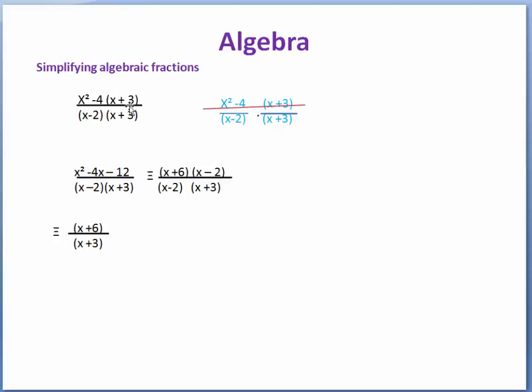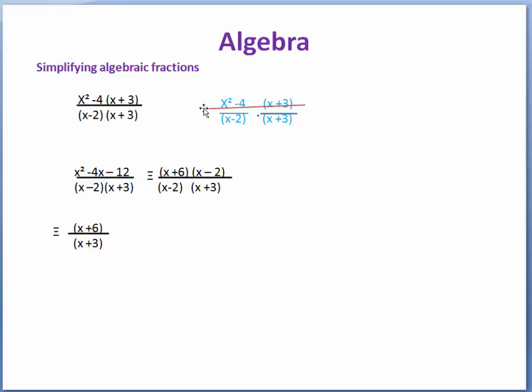Here we've got (x² - 4) over (x - 2)(x + 3) with (x + 3) on both. Students would be tempted to cancel these (x + 3)s out. Don't do that, because as we explained, you're thinking of it as (x + 3) over (x + 3), so common factors over each other, which you can treat as a 1.